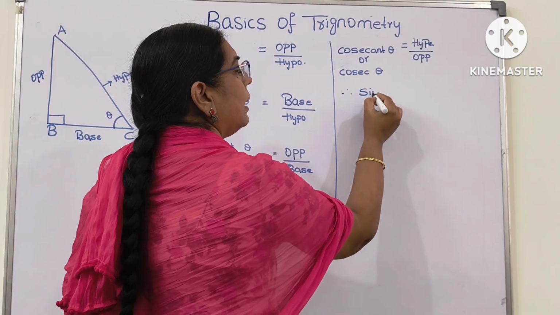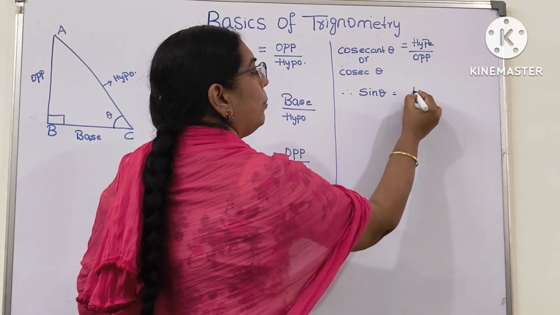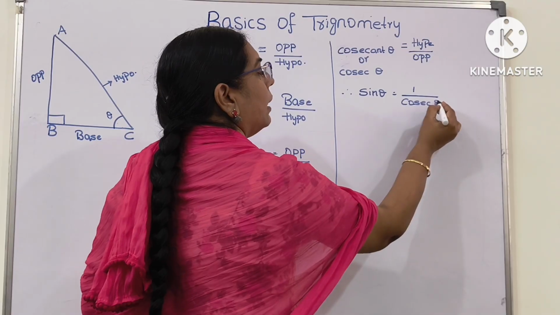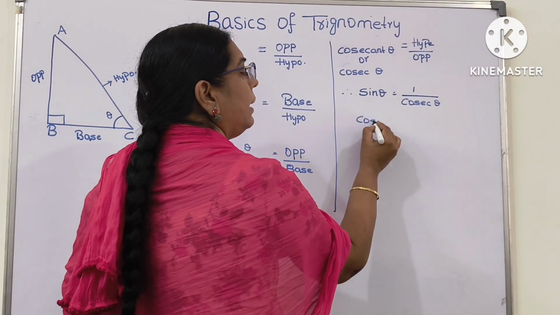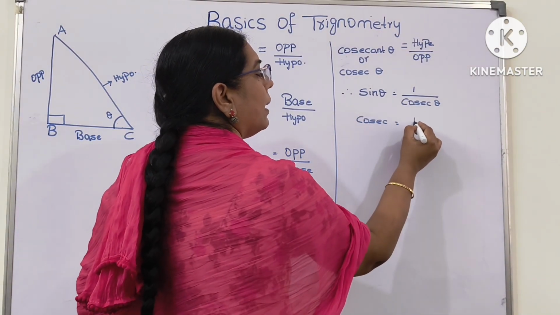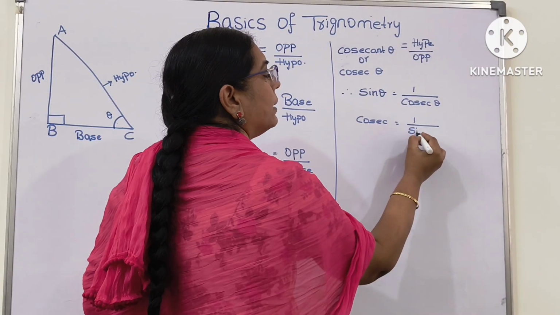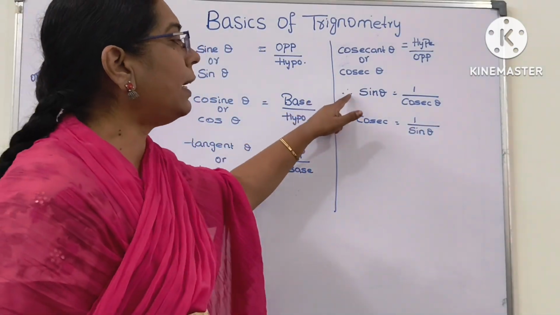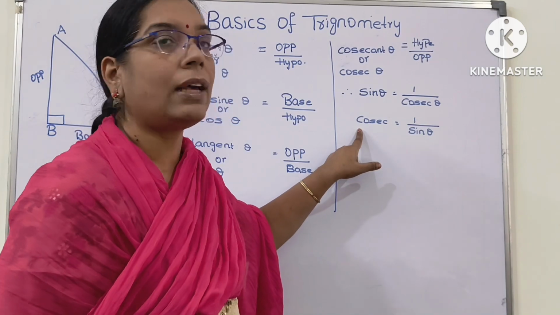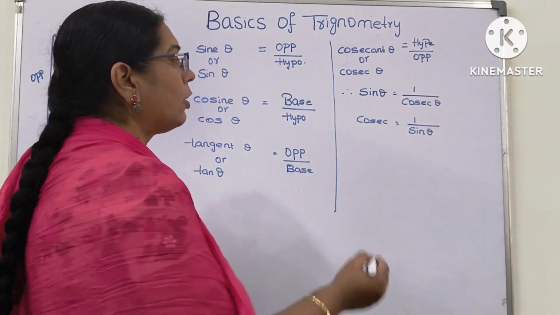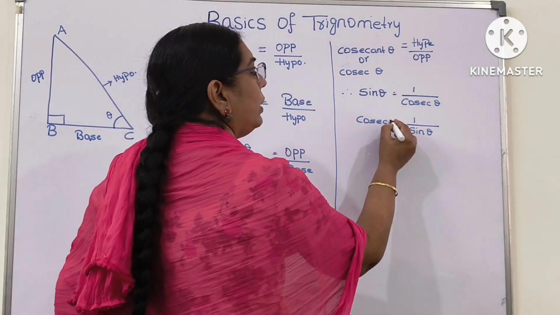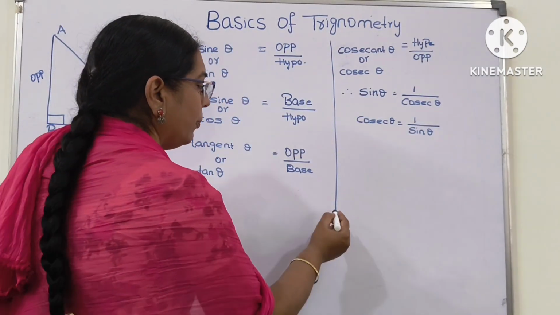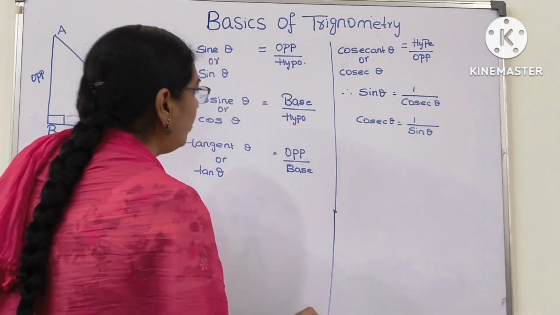Sine theta can be written as 1 by cosecant theta, and cosecant theta can be written as 1 by sine theta. Very important relation. Sine and cosec are called reciprocal to each other. Okay, let us continue.